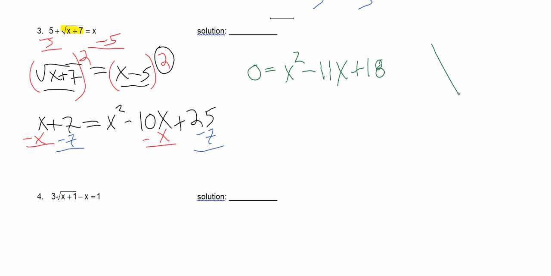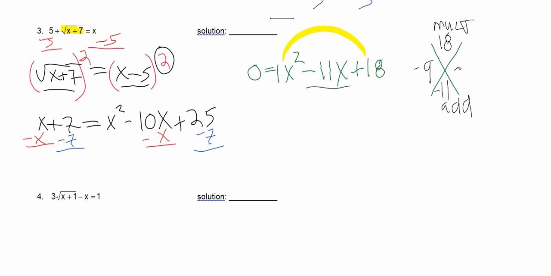Okay, so we're going to have to factor this one. And so remember, if we use crisscross, since the leading coefficient is 1, we simply multiply to get 18. So we're looking to multiply to get 18, and we also need to add to get the negative 11. And so it looks like we can use a negative 9 times negative 2.